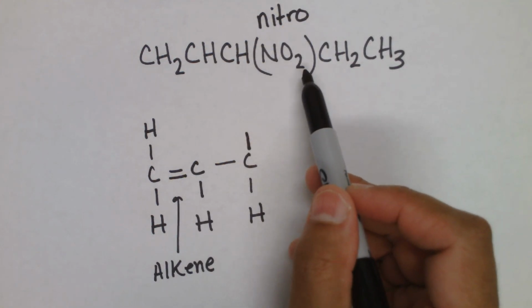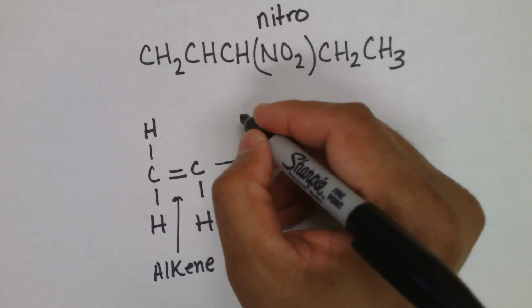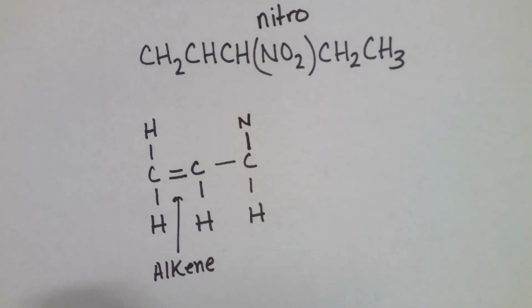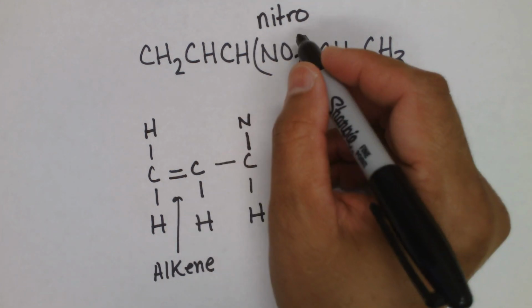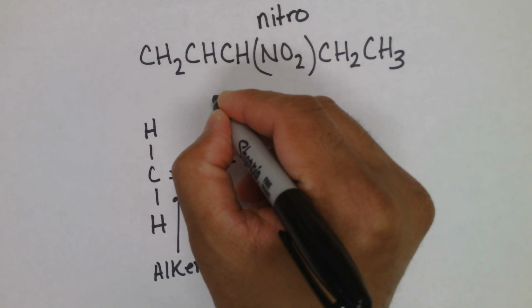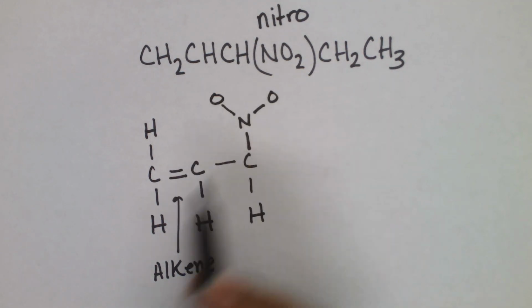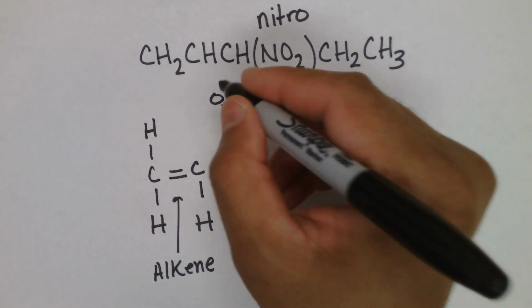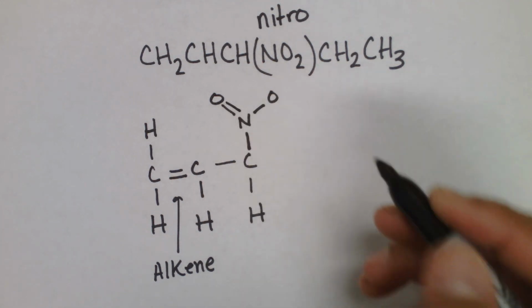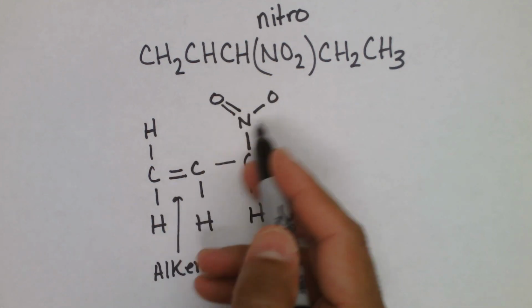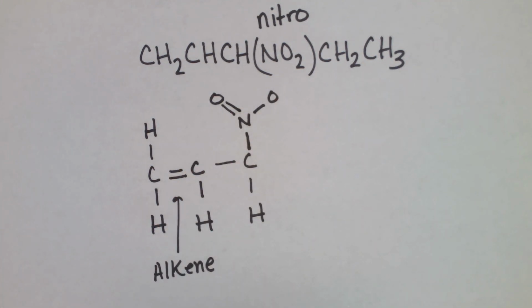So whenever you see an NO2, the way we write it is we have the carbon bonded directly to the nitrogen, and those 2 oxygens are bonded to the nitrogen as well. So I'll draw it this way, but one of those oxygens will draw with a double bond, and the other will draw with the single bond. Again, this is just the way that we write the nitro functional group.